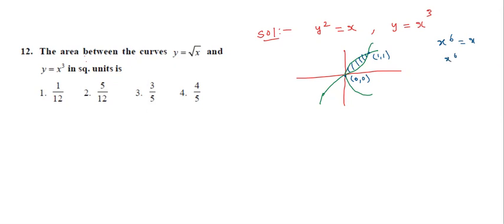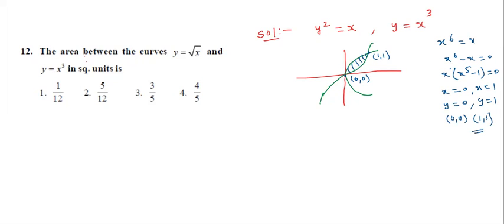X power 6 minus x is equal to 0. Take x common, remaining x power 5 minus 1 is equal to 0. So x is equal to 0 and x is equal to 1. Substitute these values in any one of the curves. X is equal to 0 means y is equal to 0. X is equal to 1 means y is also 1. The points of intersection are 0, 0 and 1, 1.